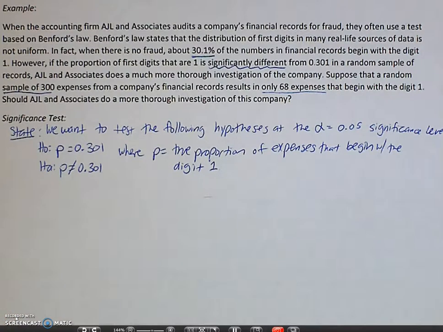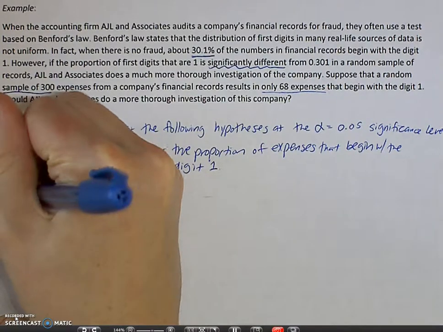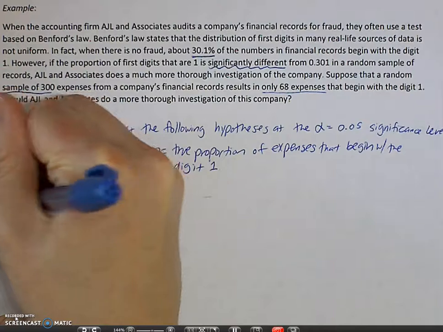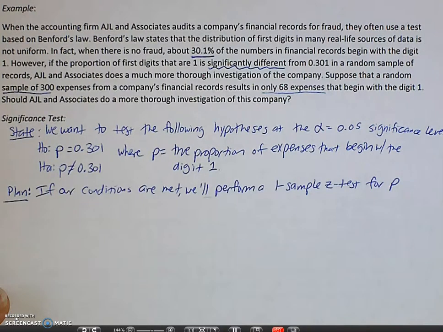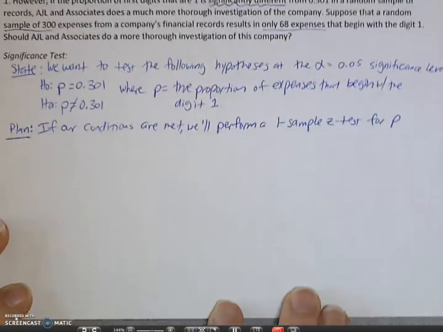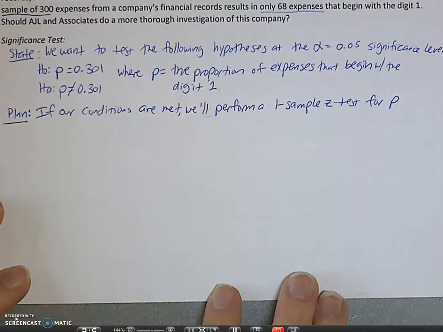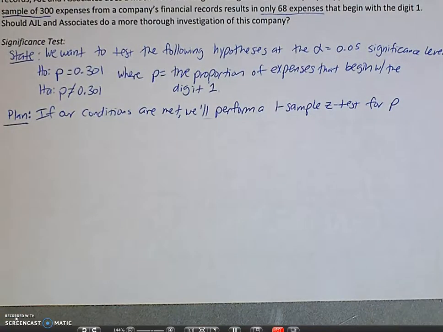Okay, so we've taken care of the first two in PHANTOMS, state. We have our hypotheses and our parameter, also including our significance level. In our plan, we have to say the type of test that we're doing. So we're going to perform a one sample z-test for p as long as our conditions are met. Go ahead and go through and check off all of your conditions for this.